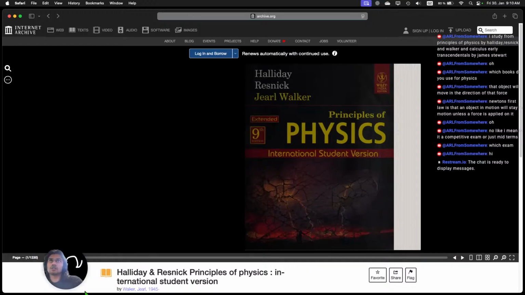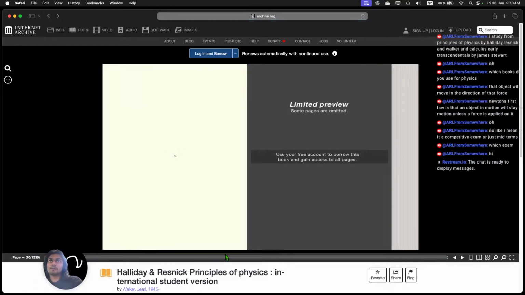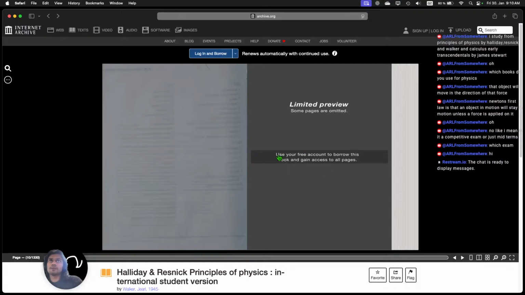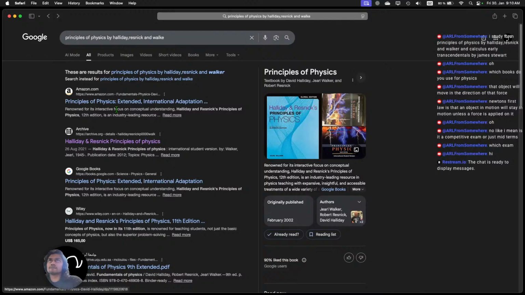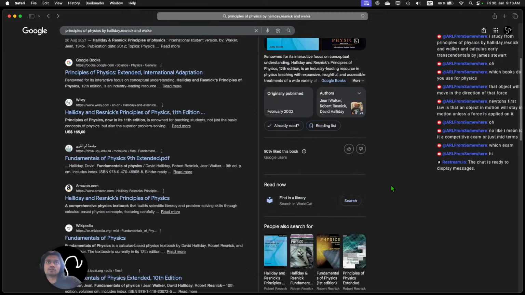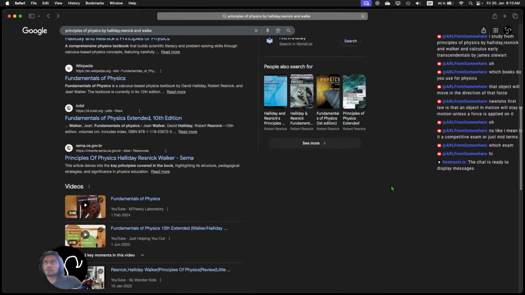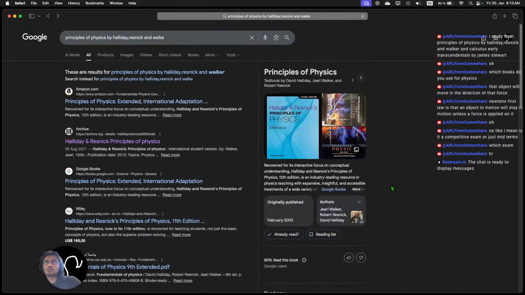Okay. Use your free account to borrow this. Interactive focus on conceptual understanding. 12th. Okay, 12th. What was the other one?